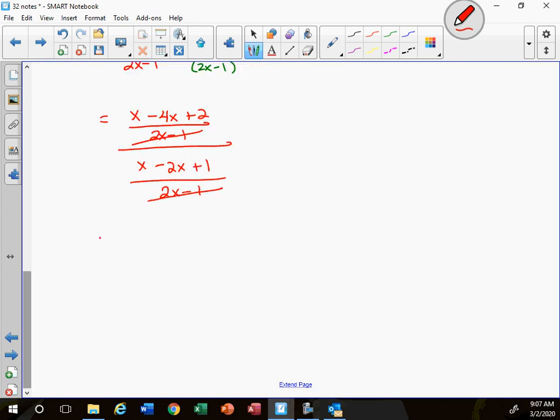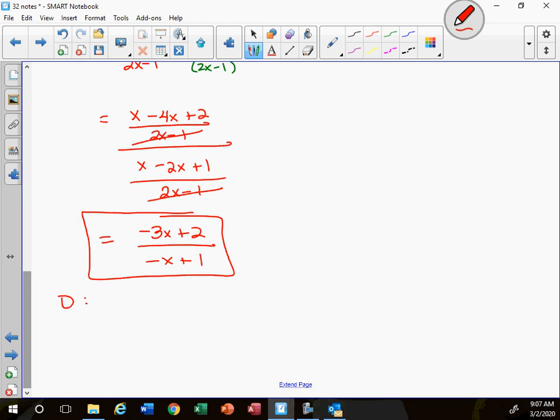And then I can simplify, what's x minus 4x? Negative 3x plus 2 over, what's x minus 2x? Negative x plus 1. You okay with that fraction? It's not hard, it's just kind of messy.